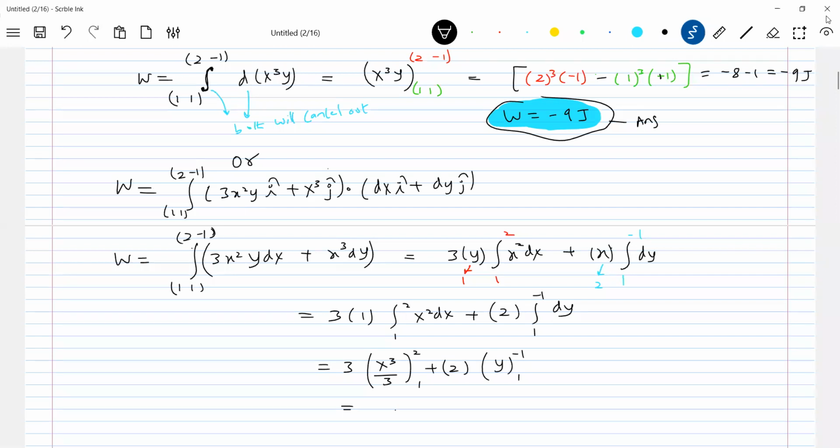I'll substitute the limit. So this will be 3 square minus 3 cube, 2 cube minus 1 cube, 2 into minus 1. Let me substitute limit here.